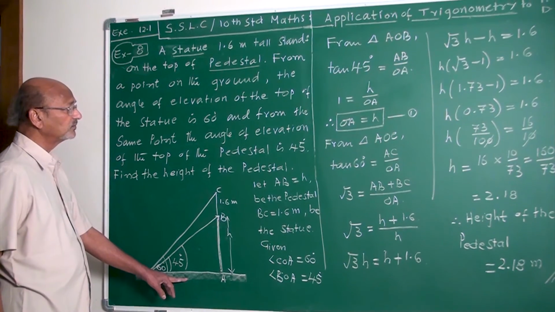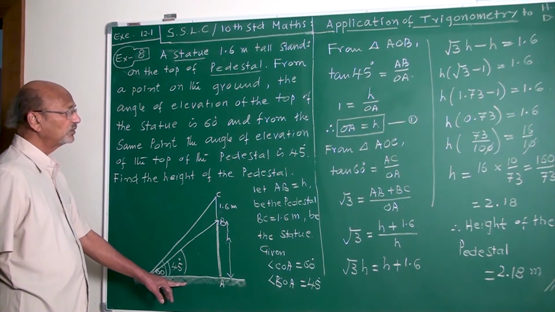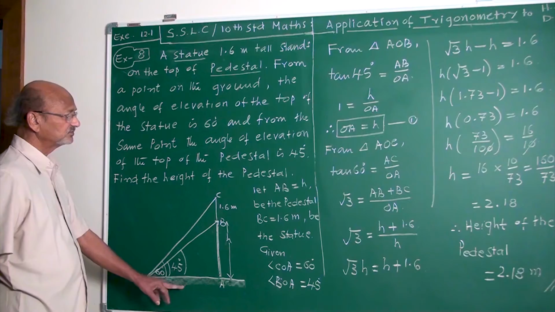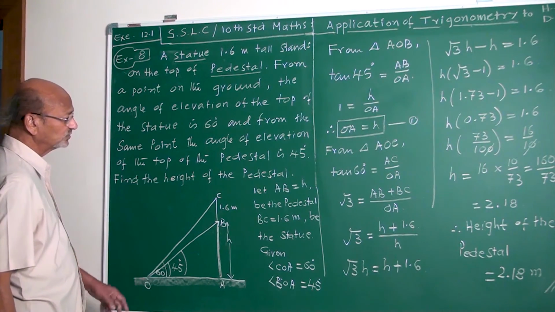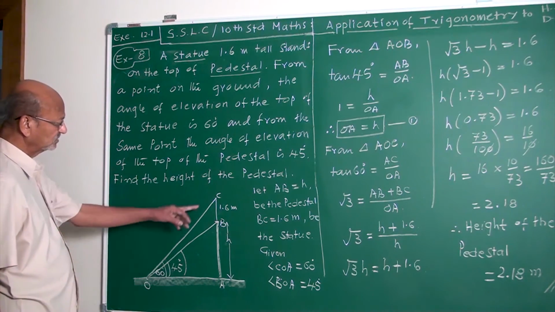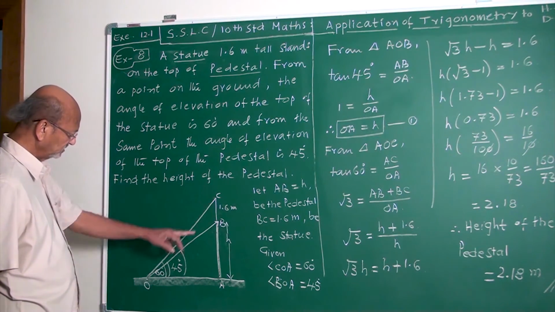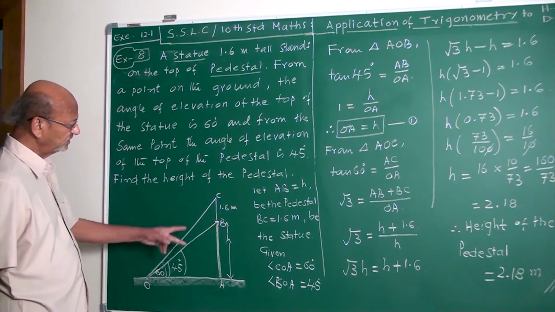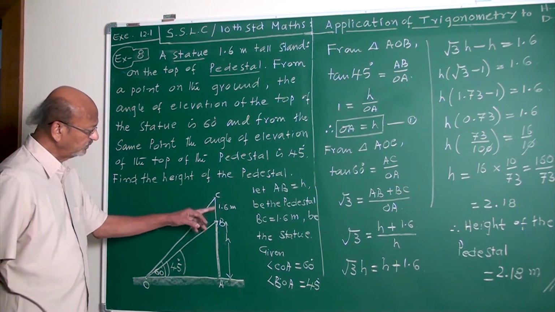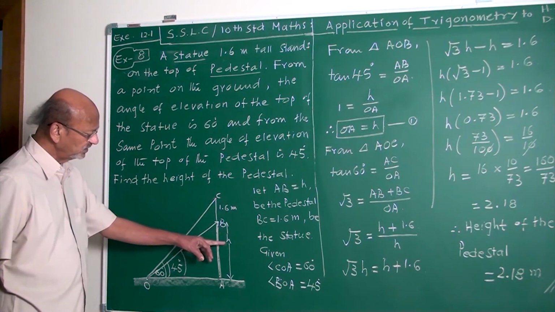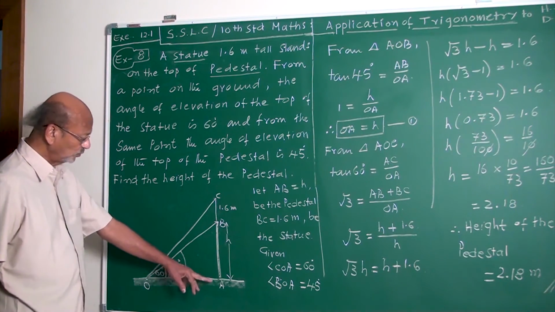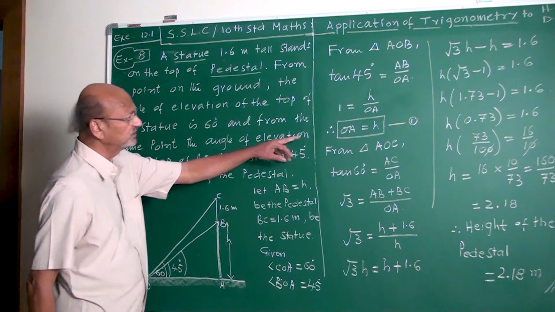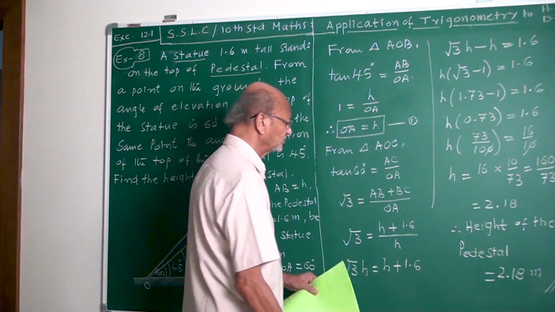Tan 45 is 1, so the value of OA is H. Next, from triangle AOC, tan 60 is opposite AC upon OA. What is AC? It is AB plus BC. AB is H, BC is 1.6, upon OA, and OA is also H from 1.